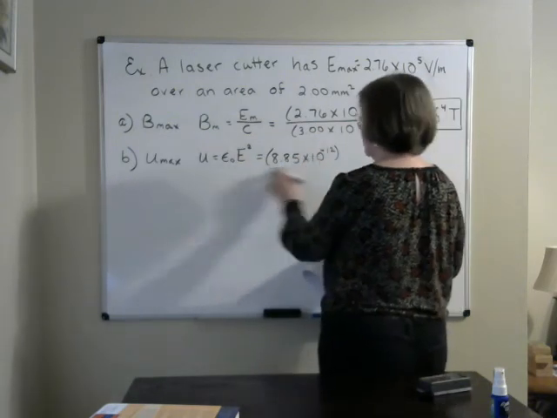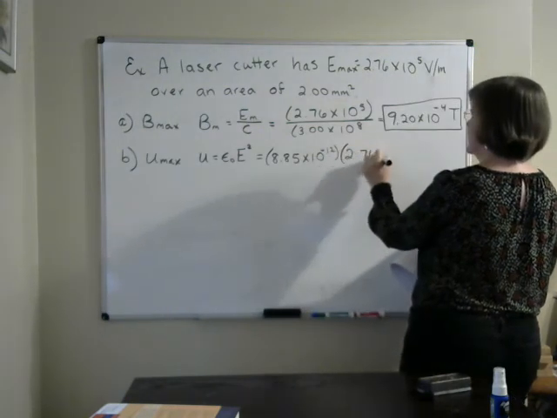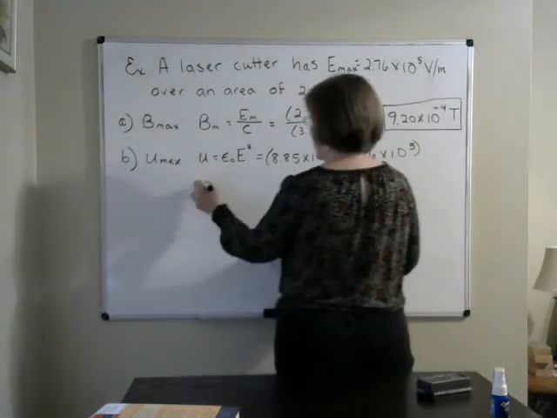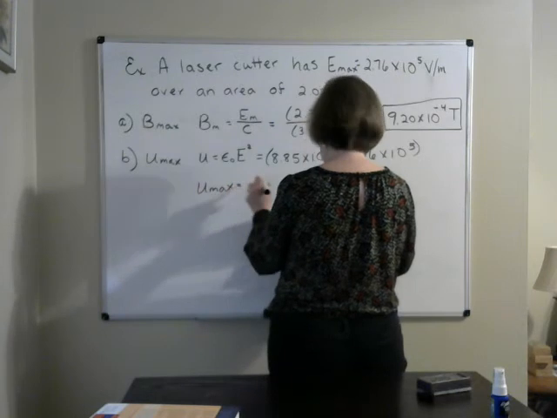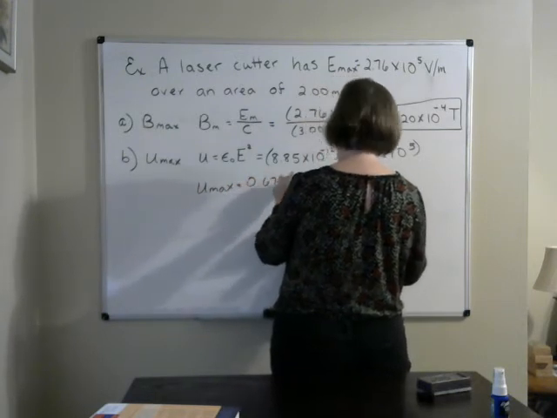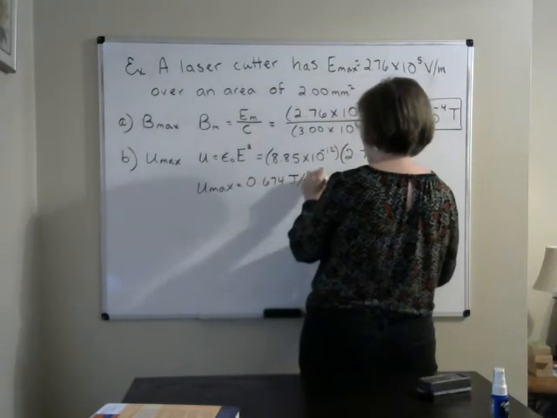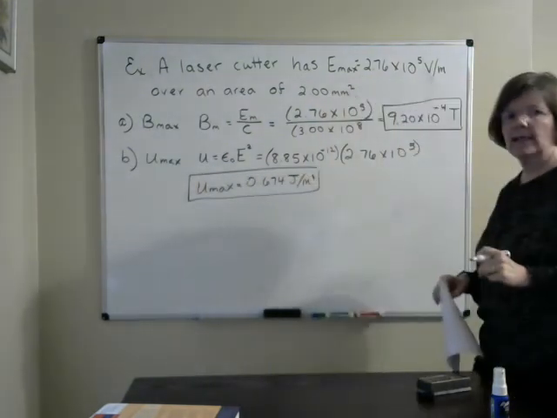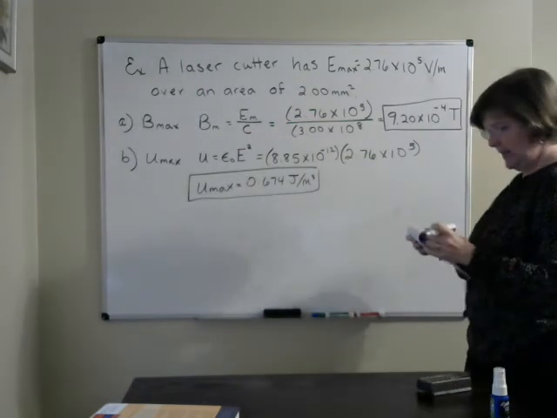You can look it up if you don't remember it. E max is 2.76 times 10 to the 5th. That gives us a maximum energy density of 0.674 joules per cubic meter. Energy density tells us what the energy is per unit of volume.